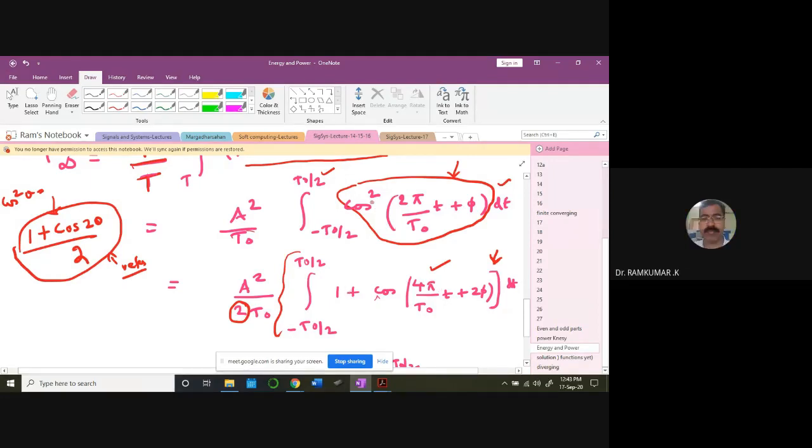This is not squared. If it is squared, you get some value. If it is not squared, it is a cosine waveform, a harmonic, periodic waveform, and you are integrating over one period. What do we get? 0. Again 0. So this is the waveform I am looking at.